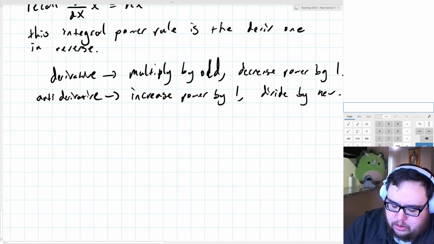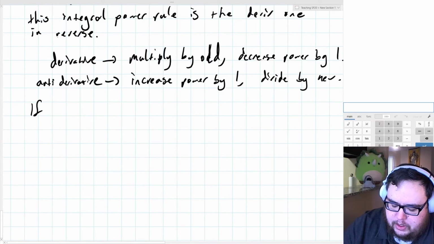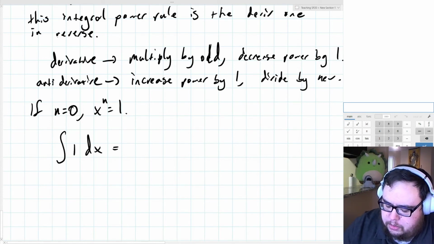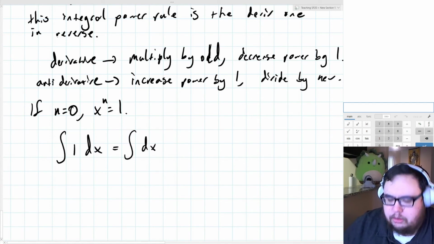Note that also, if n is equal to 0, then x to the n equals 1. So the integral of 1 dx, which is usually written as just the integral dx. People don't usually write the 1 inside.